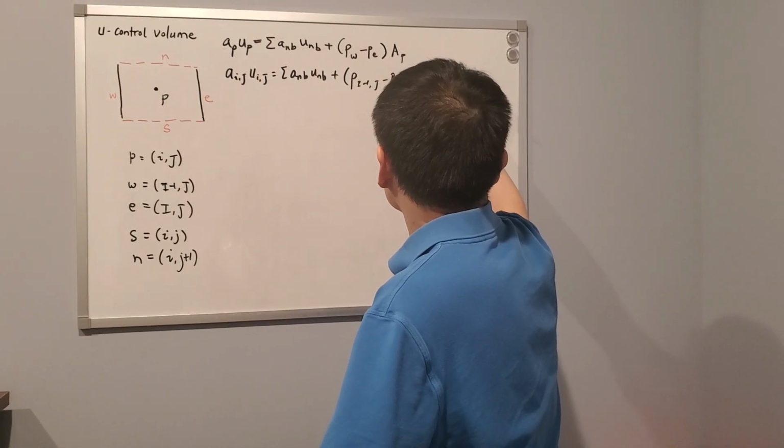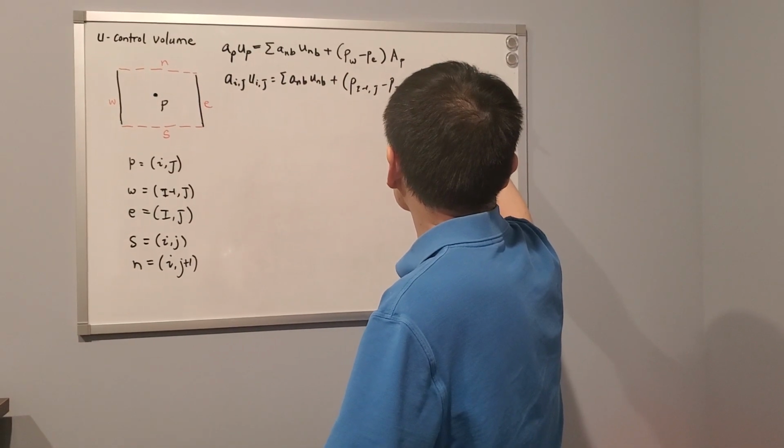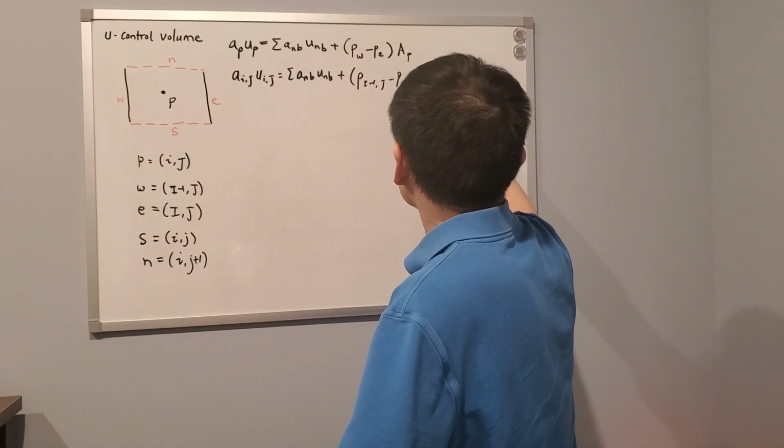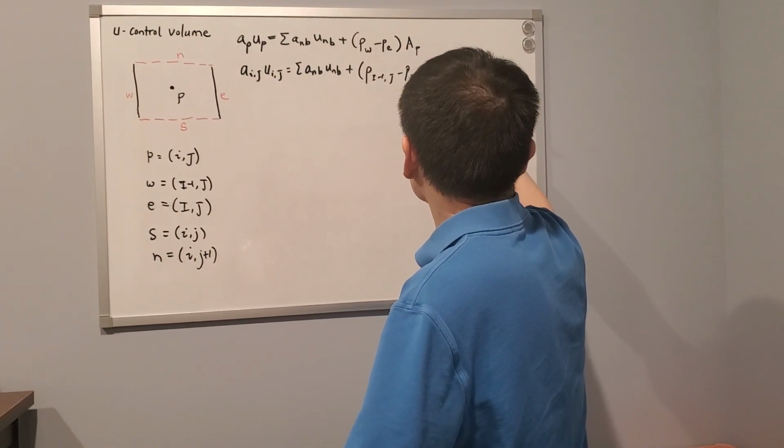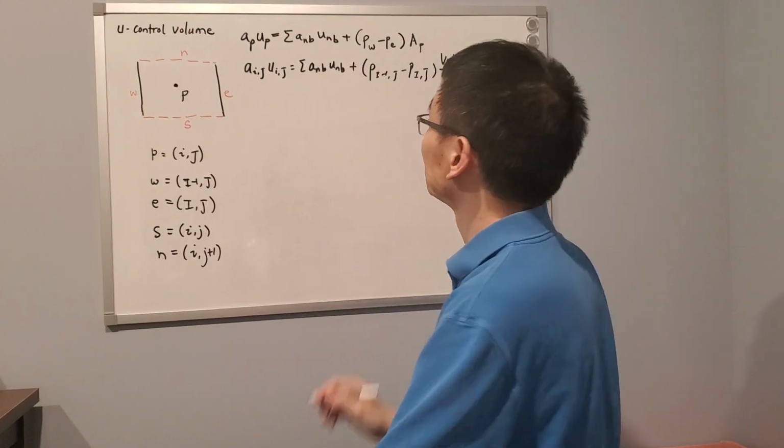The area will be the volume of this P cell divided by Xi minus Xi minus 1.